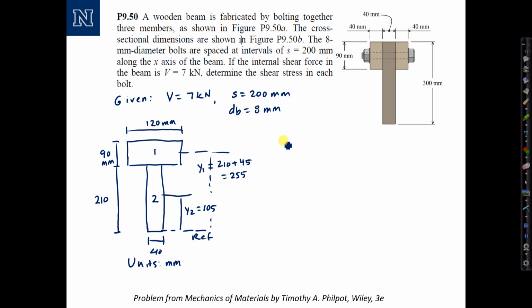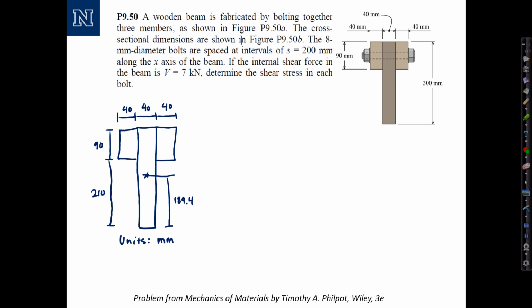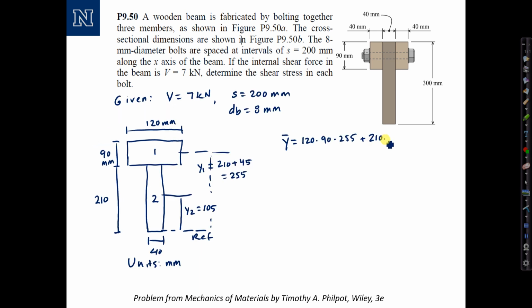So now, evaluating the centroid, Y bar equals the area of 120 times 90 times Y1, 255, plus the area of 210 times 40 times Y2, 105, divided by the total area, 120 times 90 plus 210 times 40, which computes to 189.4, and the units are millimeters.